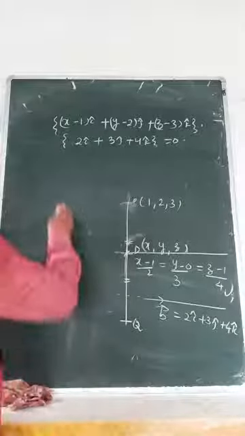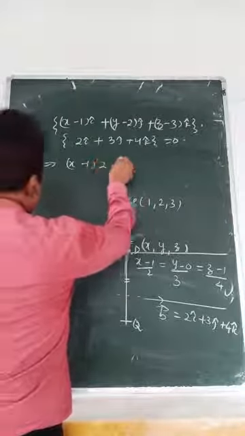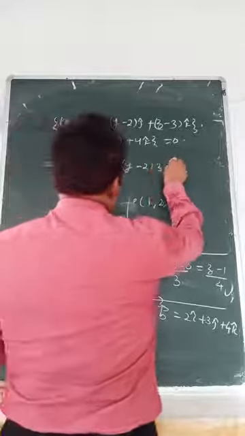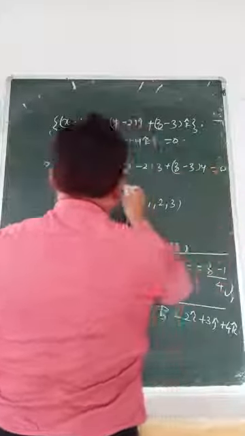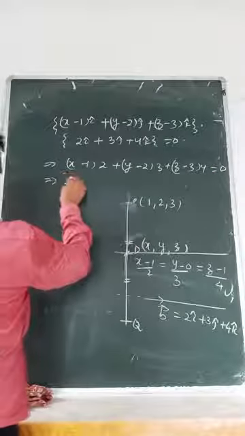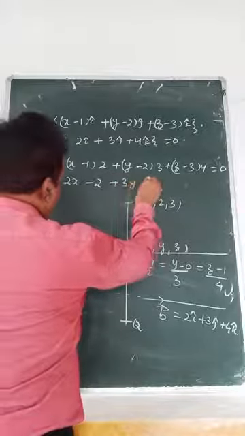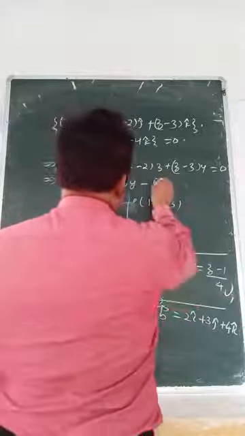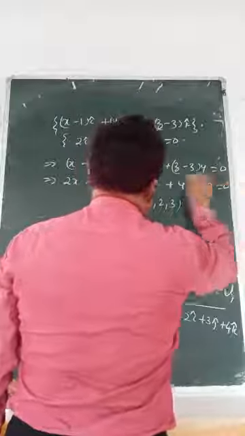That will give you (x minus 1) into 2, (y minus 2) into 3, (z minus 3) into 4 equals 0. This implies 2x minus 2, 3y minus 6, 4z minus 12 equals 0.